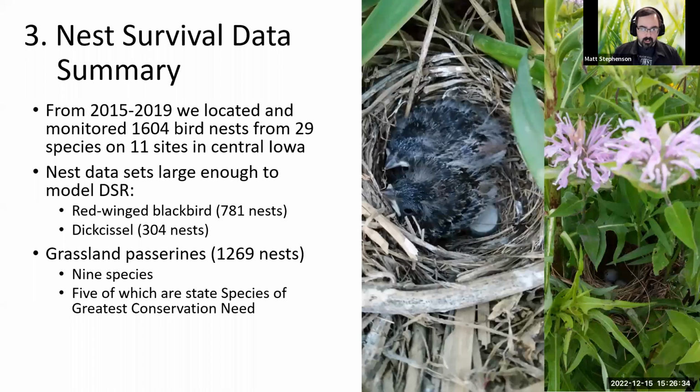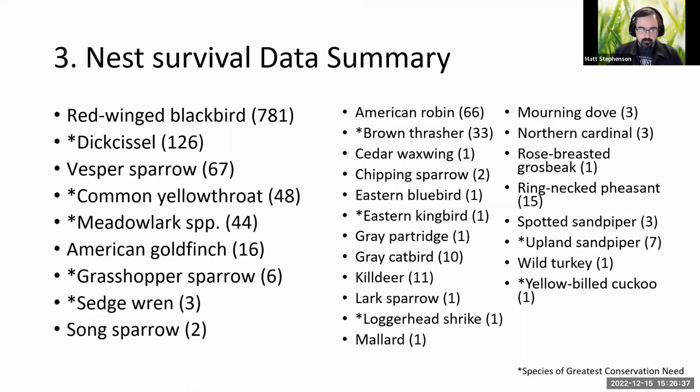So on the next slide, the species on the left are the 9 grassland nesting passerines that we focused on, and the numbers of nests for each species. Again, those marked with an asterisk are species of greatest conservation need. The other species on the right are a mixture of shrub nesting birds, which we came across, or grassland nesting non-passerines, which we didn't have enough of to make meaningful statements about.